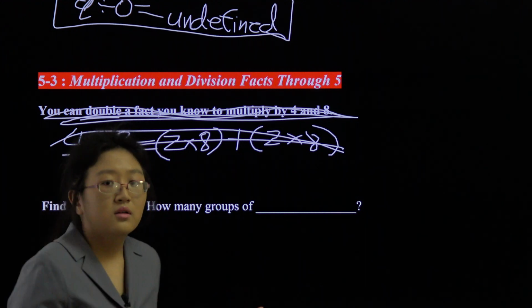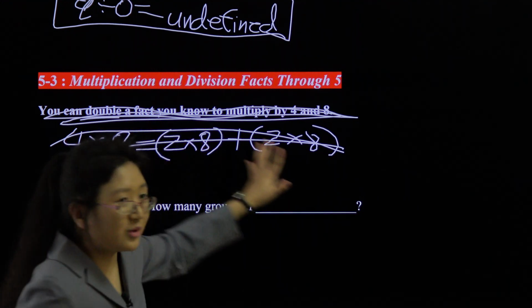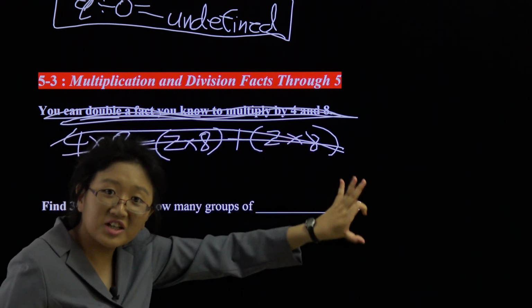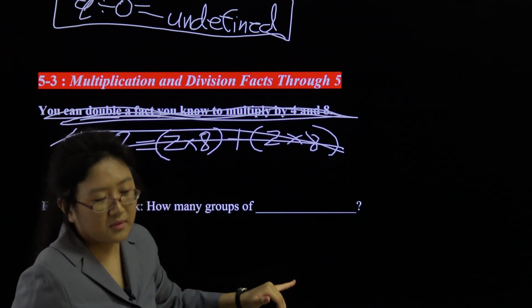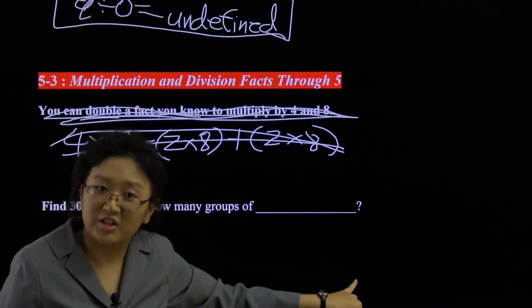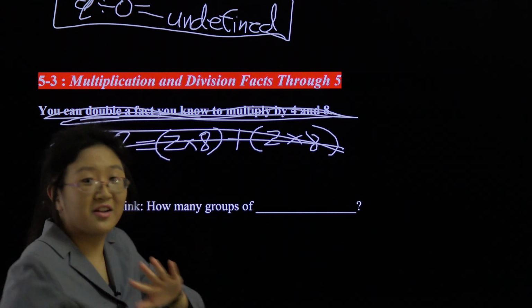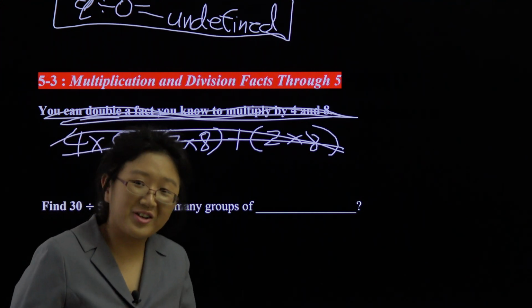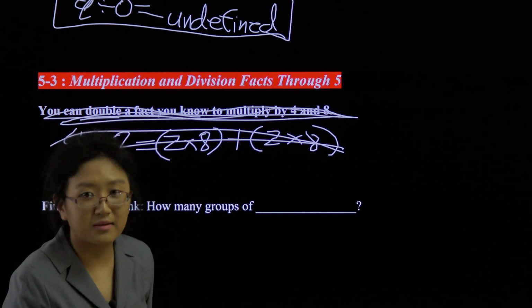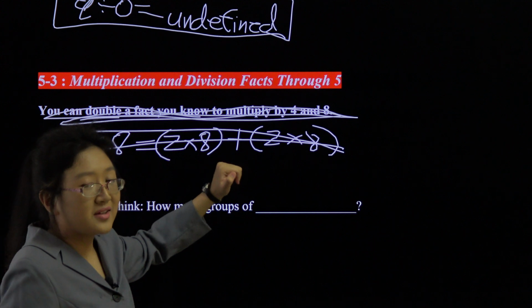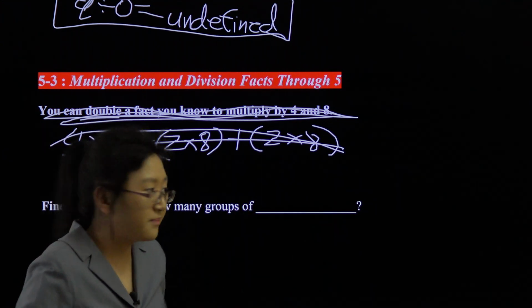Don't do this. Because if you actually need to do this right now, first of all, you need to remember your multiplication table. Second of all, you're not going to survive high school. So you better remember that multiplication table, guys. Please. Okay, I'm not saying that this idea is completely stupid.